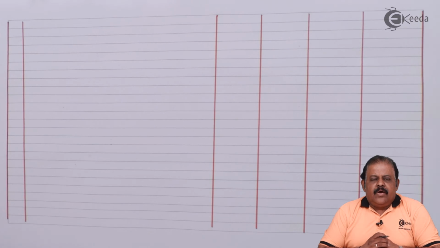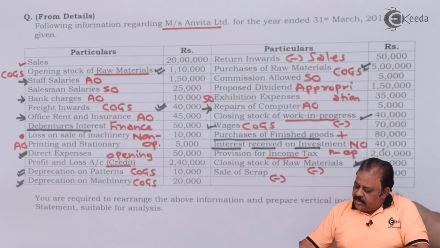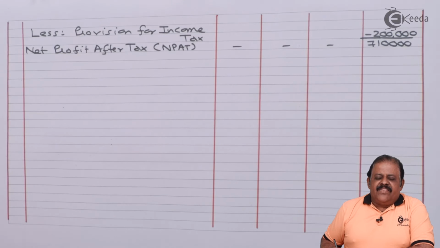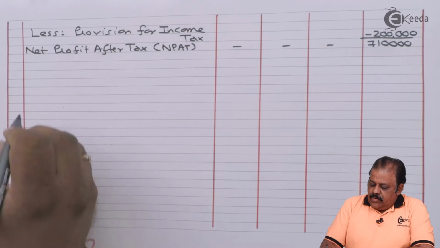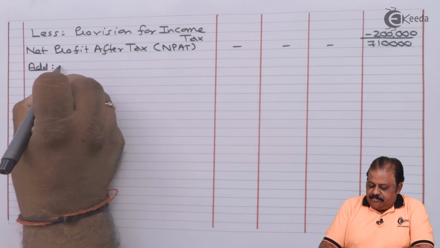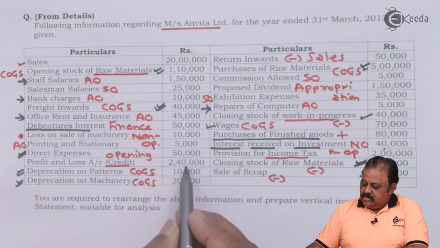Continue. Now we'll have to deduct provision for income tax. Provision for income tax 2 lakhs. It is 7,10,000. To this we will be adding opening balance of profit and loss credit balance 2,40,000. This is last year's profit which is carried forward to current year.